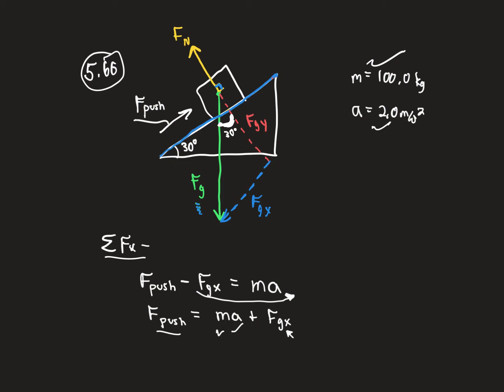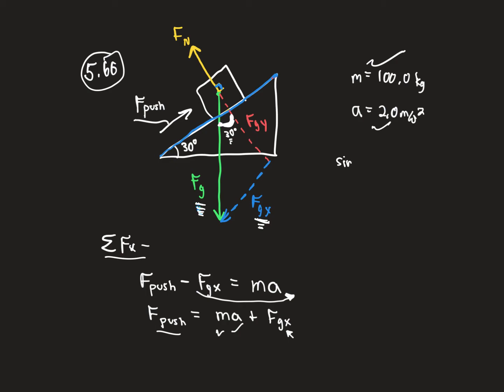So we have that 30-degree angle, and I can now find what FGX is in terms of Fg, the force of gravity. And we'll see why that's useful in just a moment. Now this angle is 30 degrees, and my FGX is on the opposite side. Because I'm trying to relate the opposite side and the hypotenuse, I can use the sine.